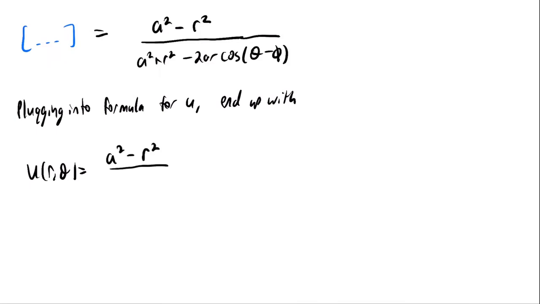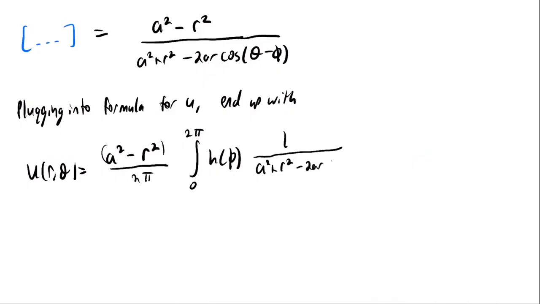So I get a squared minus r squared over 2 pi, and then we had an integral from 0 to 2 pi. We had our boundary function h, and then we had this fraction, which is the remaining piece, 1 over a squared plus r squared minus 2ar cosine theta minus phi. And we're integrating with respect to phi.